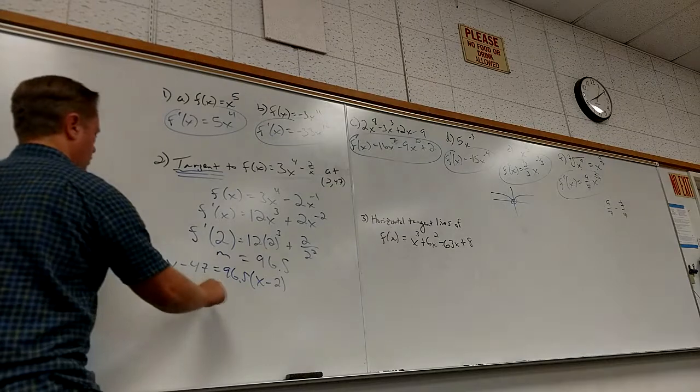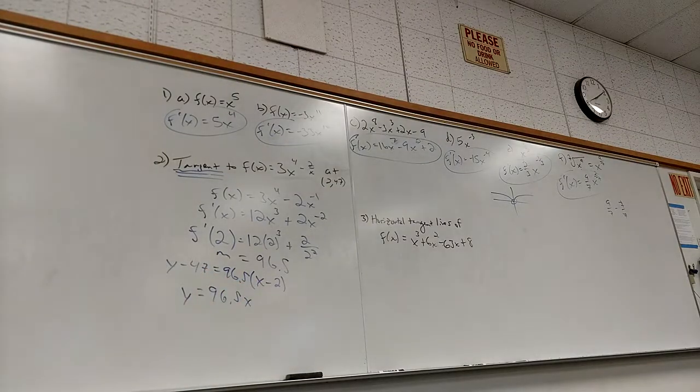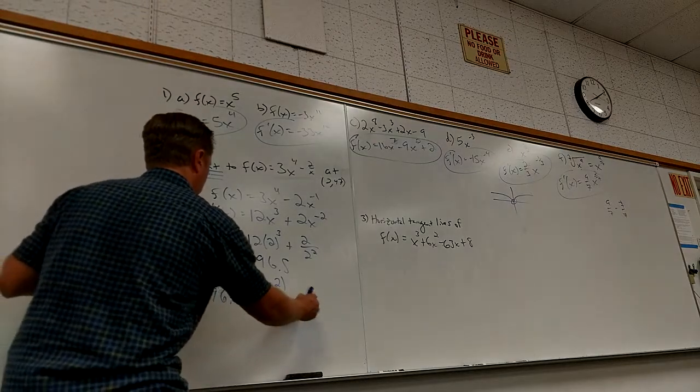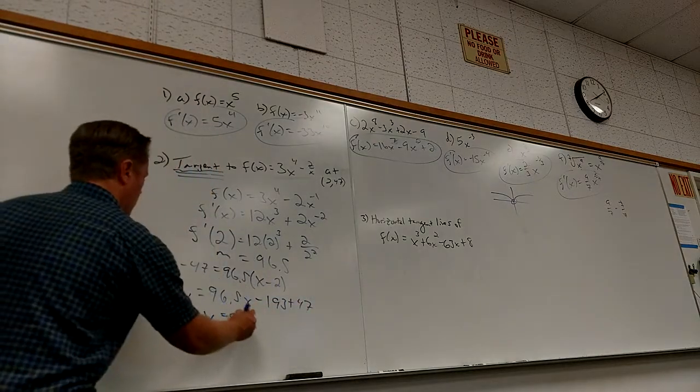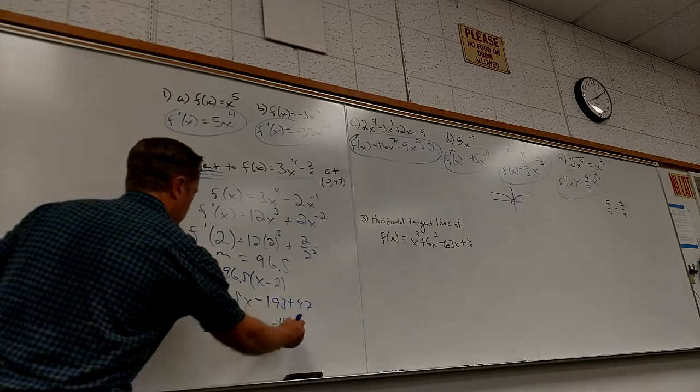So y equals 96.5x, twice 96.5 is 193, plus 47. 96.5x minus 146.